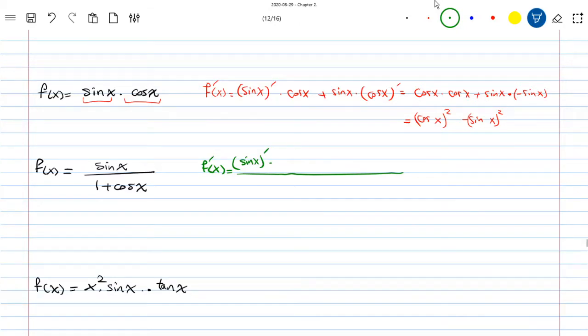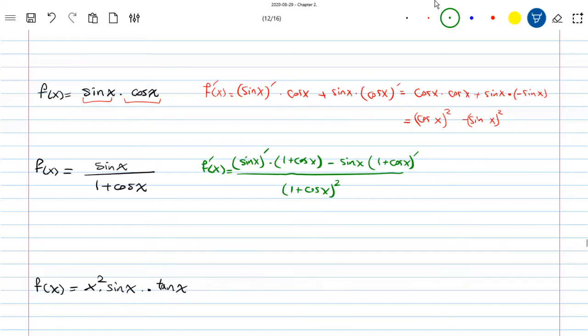It's the derivative of the numerator times the denominator, 1 plus cosine x, and minus the numerator, which is sine x, times the derivative of the denominator, 1 plus cosine x derivative, all divided by the denominator squared, 1 plus cosine x squared. You do not need to calculate this denominator square. Just leave it as it is.